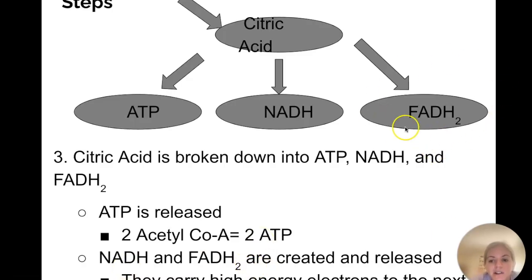Remember, these are the 2 stars of the Krebs cycle. This is what we're really trying to get because they're like the check. They're going to be cashed in the final phase to make a lot of ATP for us. And so these 2 molecules are going to carry the high energy electrons to the next step.